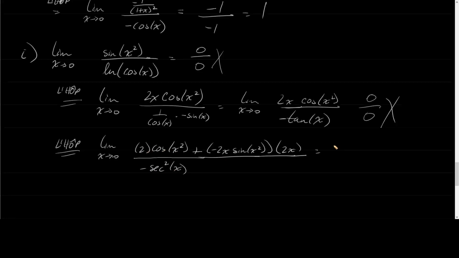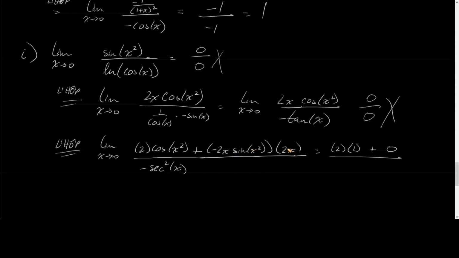So we have 2 times cosine of 0. Cosine of 0 is 1, plus 2 times 0. It doesn't matter what the rest of this is, I'm multiplying by 0, so 0. Actually, they're all zeros. Sine of 0 is 0. 2 times 0 is 0. And on the bottom, secant squared of x.